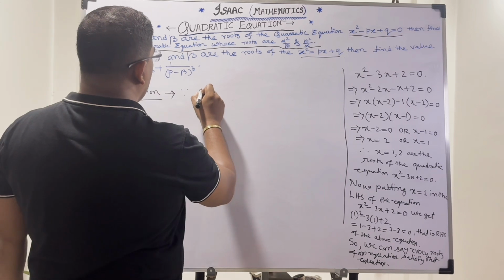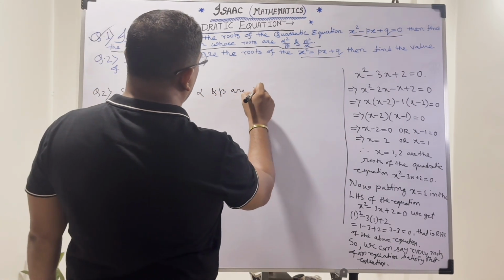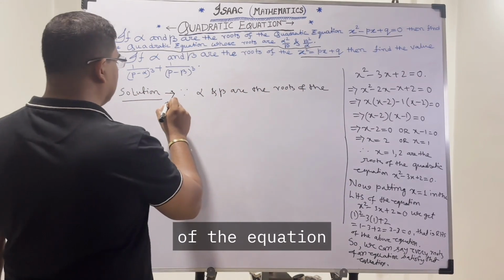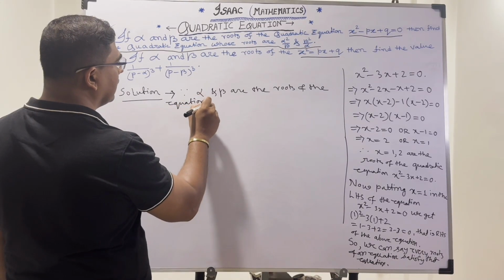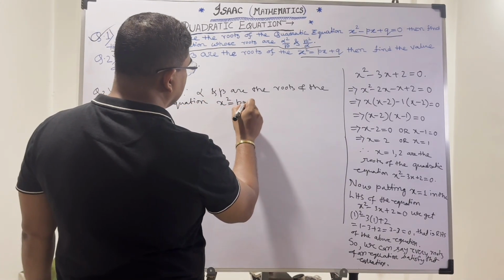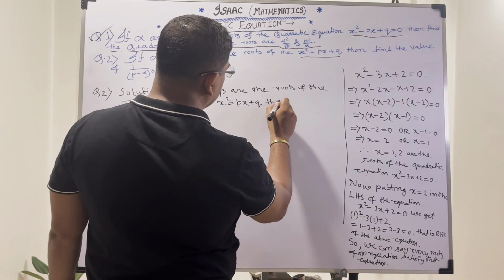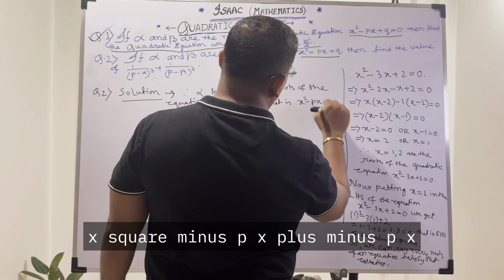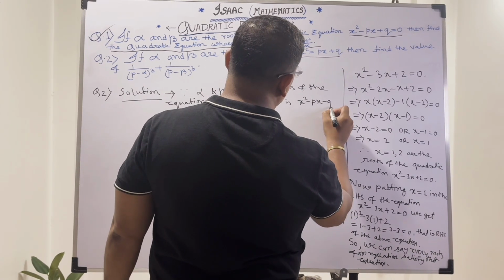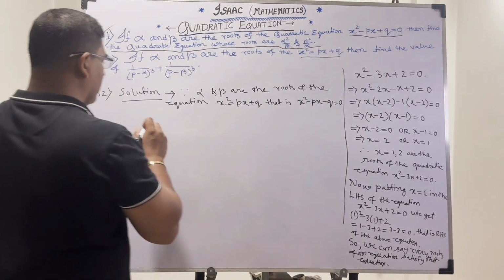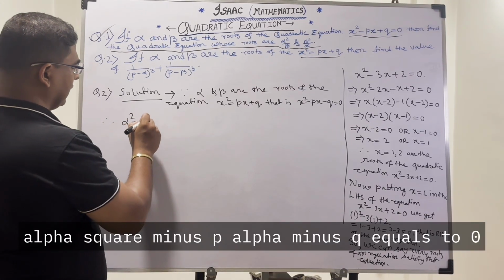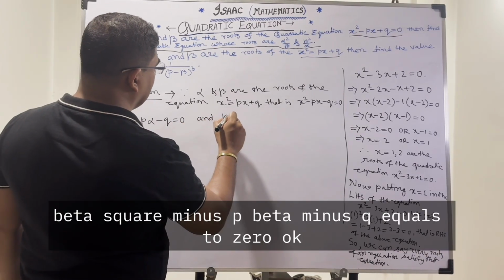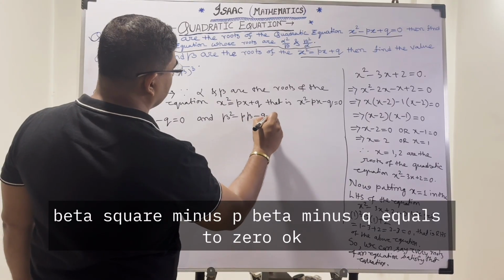So since alpha and beta are the roots of the equation x square equals px plus q, that is x square minus px minus q equals 0, therefore alpha square minus p alpha minus q equals 0 and beta square minus p beta minus q equals 0.